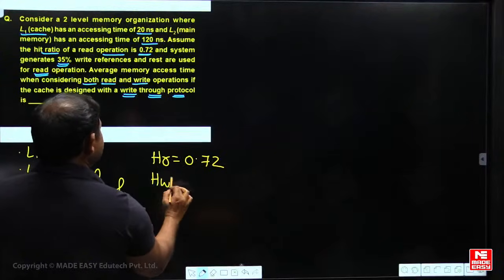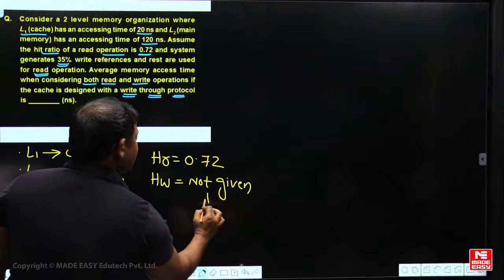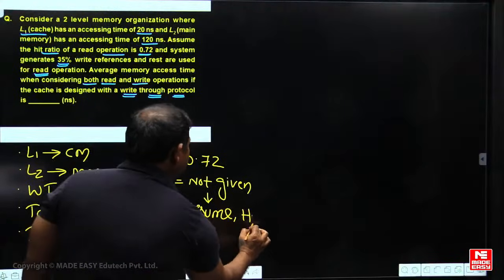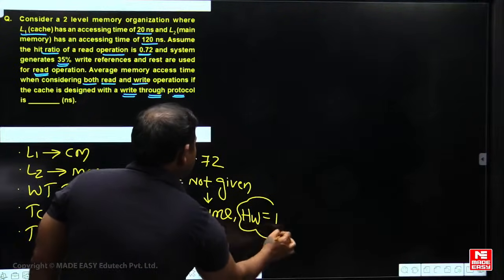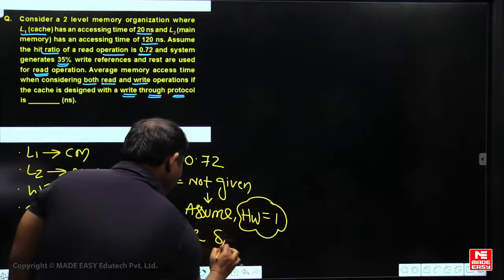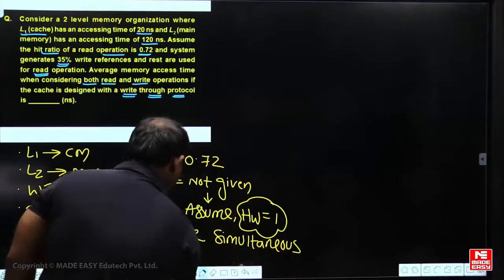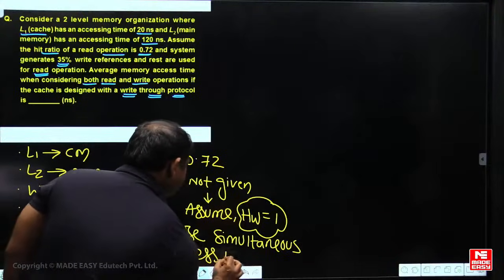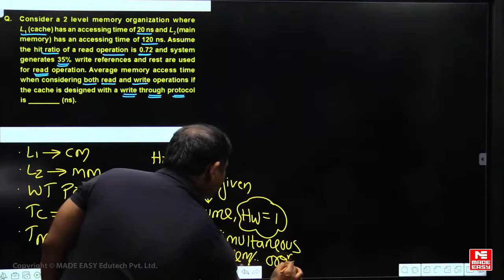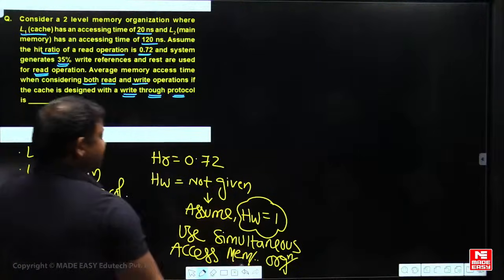Hit ratio of write is not given. This is a rule: when hit ratio of write is not given, assume HW is equal to 1. When HW is 1, then use the simultaneous access memory organization formula. HW 1 means simultaneous access memory organization is required.